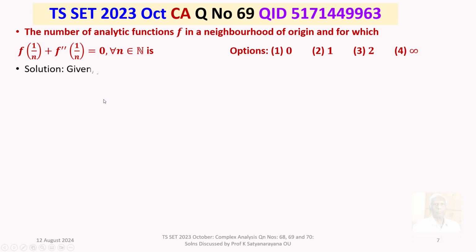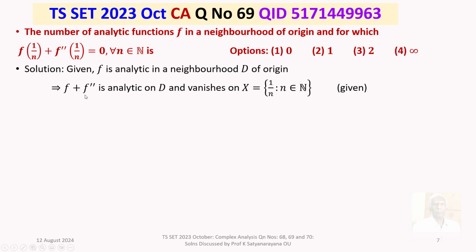Now let's discuss the solution of the problem in detail. We are given f is an analytic function in a neighborhood D of the origin. Some neighborhood of the origin, maybe epsilon neighborhood of the origin or delta neighborhood of the origin, whatever.